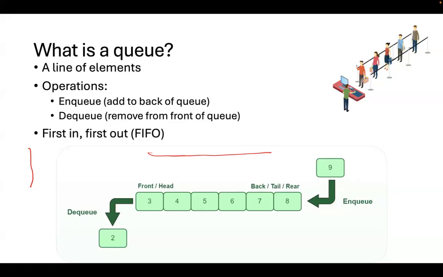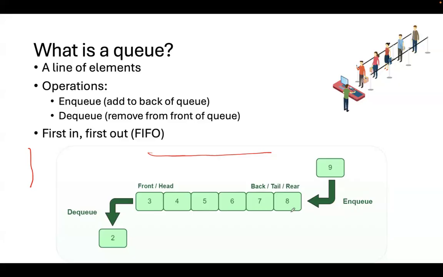The operation for joining the line, entering at the back, we call enqueue. E-N-Q-U-E-U-E. Lots of U's and E's, I'm aware. And then the operation for leaving the line is called dequeue. So enqueue, you're joining; dequeue, you're leaving.